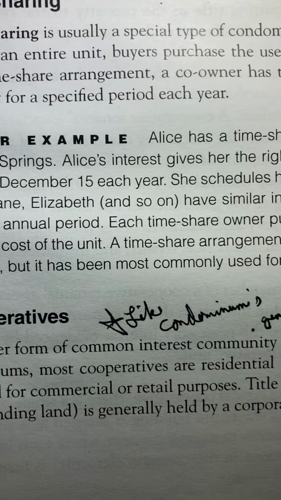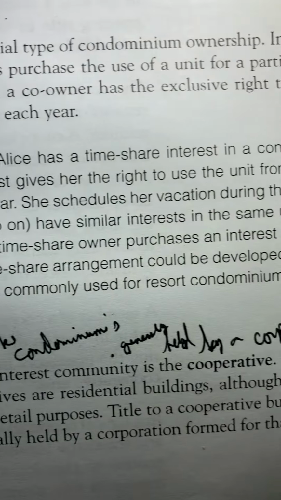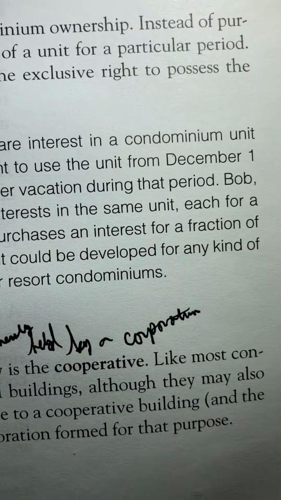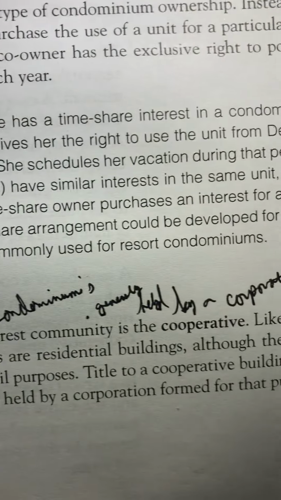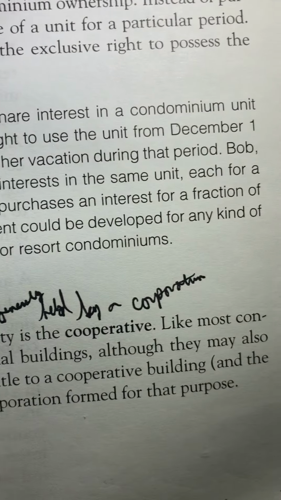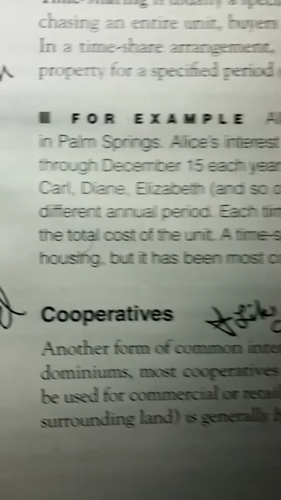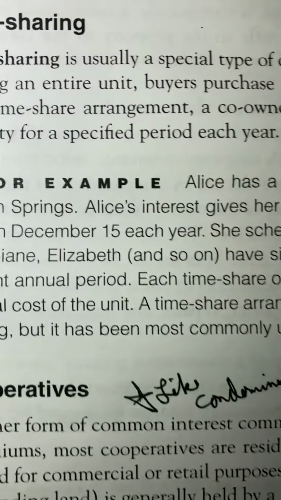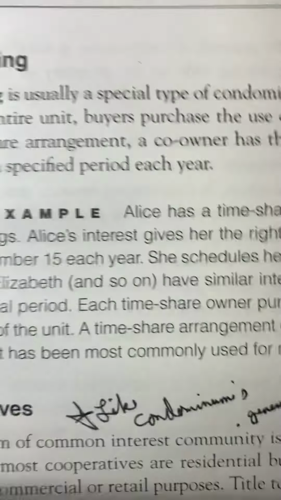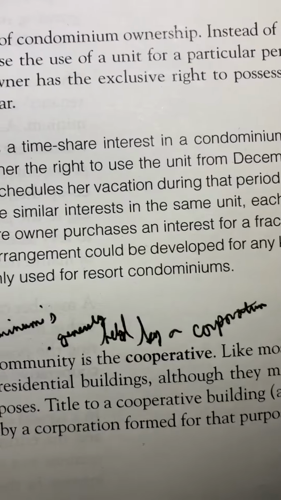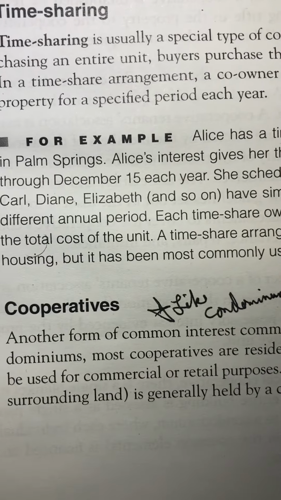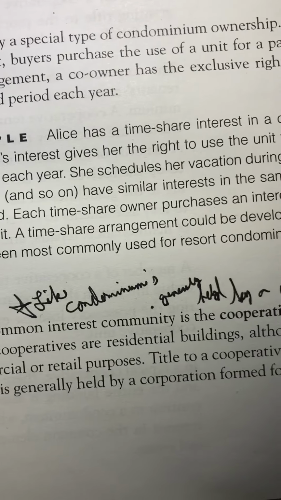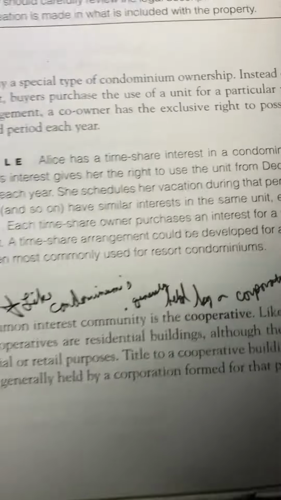Bob, Carl, Diane, Elizabeth, and so on have similar interests in the same unit, each for a different annual period. Each timeshare owner purchases an interest for a fraction of the total cost of the unit. A timeshare arrangement could be developed for any kind of housing, but it has been most commonly used for resort condominiums.